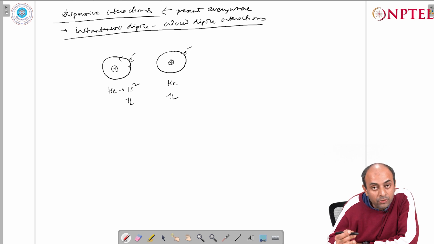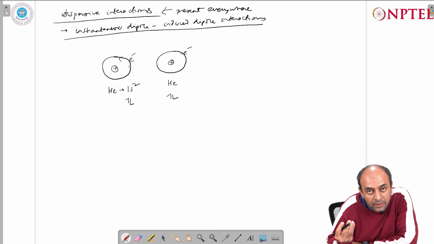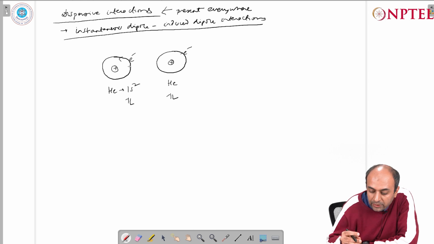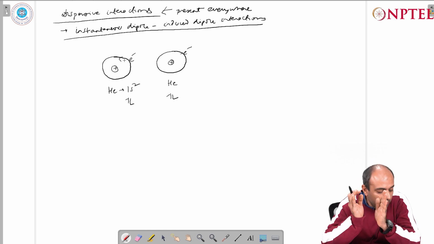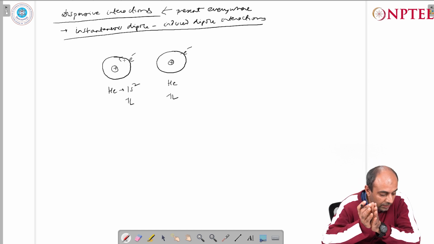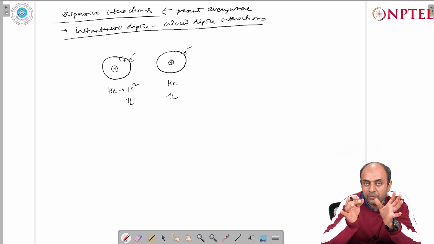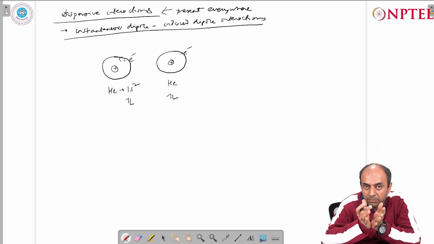You know that the electron is associated with a particle-like character as well as a wave-like character, and at any moment of time it is not necessary that these electrons are maintaining a spherical distribution of electron density. On an average you say that the atom is spherical in nature, but it is not necessary that at a given moment of time the spherical nature will be maintained.